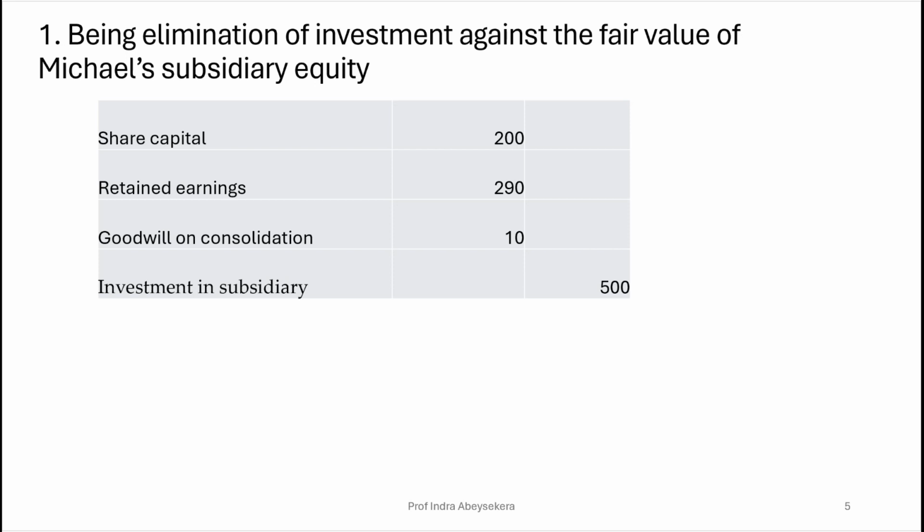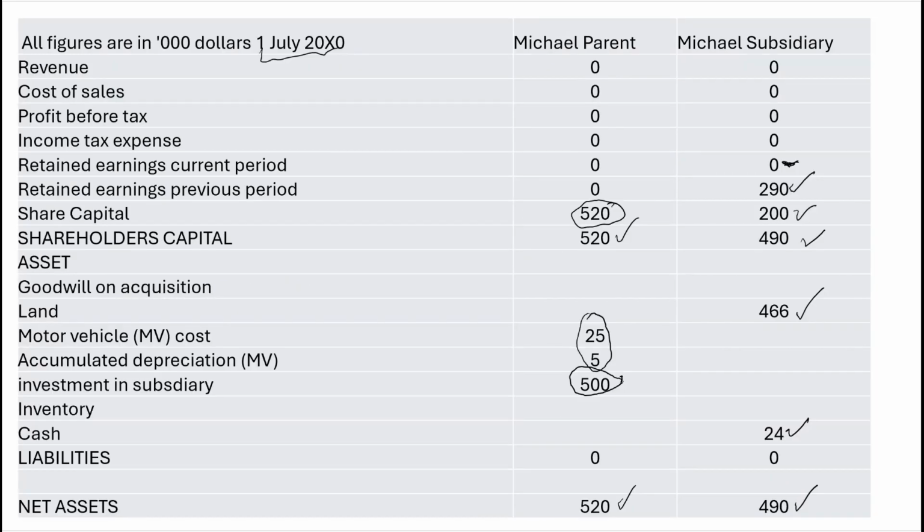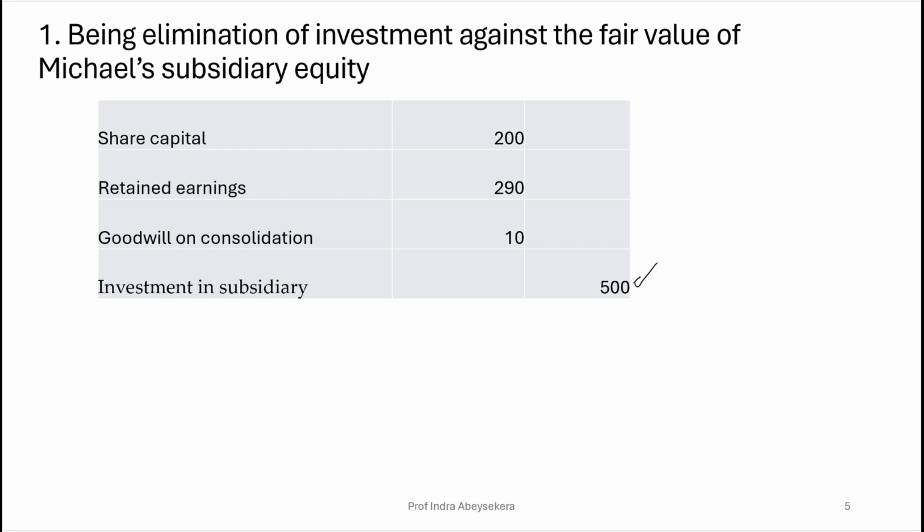Because there is no fair value adjustment in Michael's subsidiary, we can get to the elimination of investment against the fair value of Michael's subsidiary equity. And in that, we credit investment in subsidiary 500,000, and then at the date of acquisition, the share capital and retained earnings were 200,000 and 290,000.